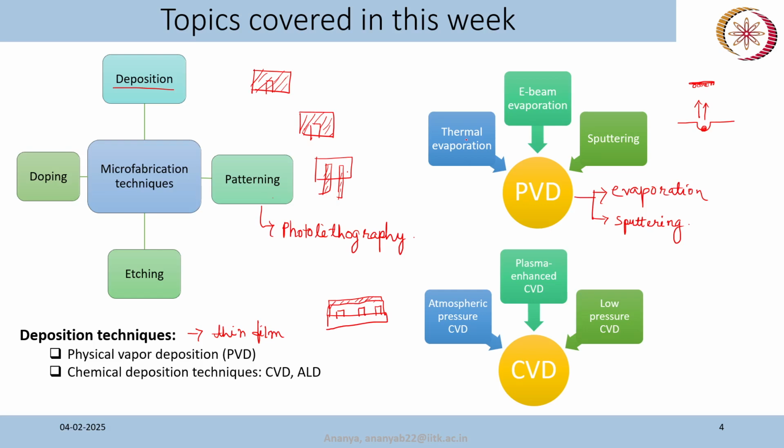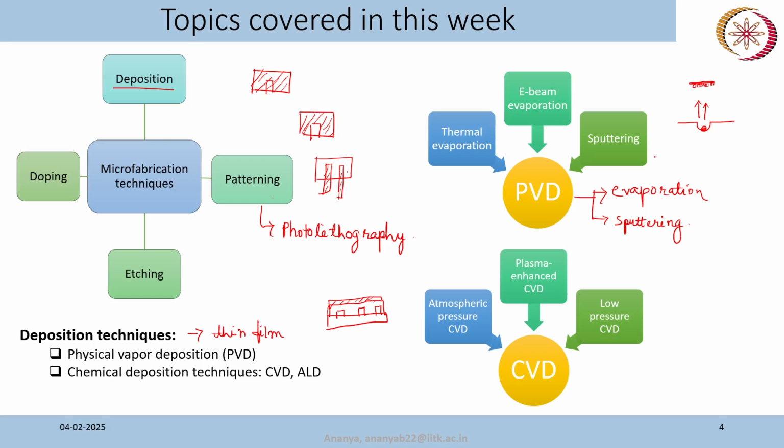Now, this melting and evaporation you can do either by thermal evaporation or by e-beam evaporation. Thermal evaporation is generally used for metals. If your material has a low melting point, then you can melt it easily.